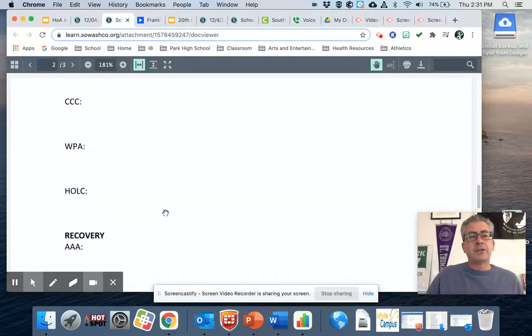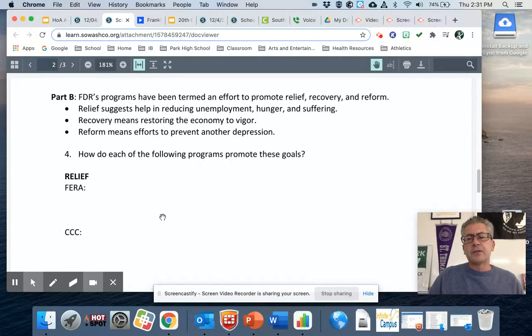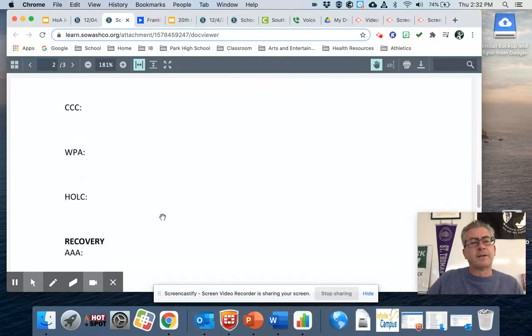And what you need to do here is look at how each of these programs promotes the goals. And a goal here is relief, or the goal is reform, or the goal is recovery. So how do these programs do that? All right, and that's going to take a little while. And so that's why we're spreading this out. Friday, you have the weekend, and then you'll have some time on Monday to work on this as well.